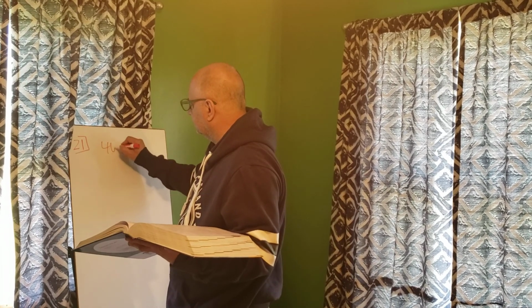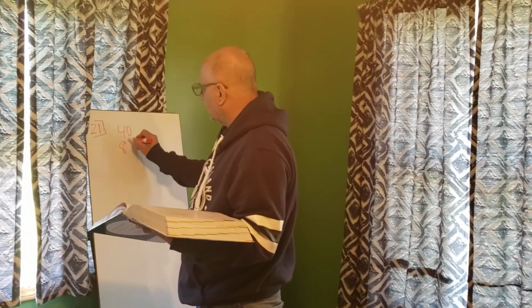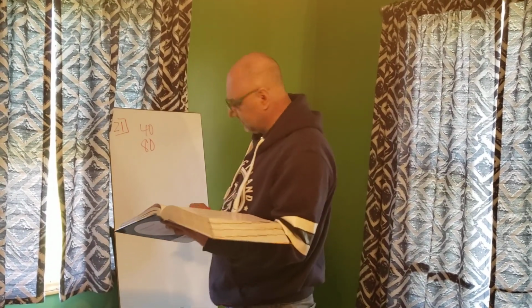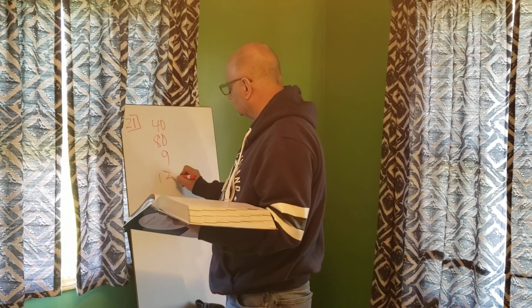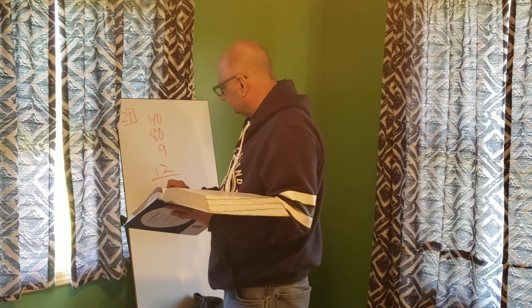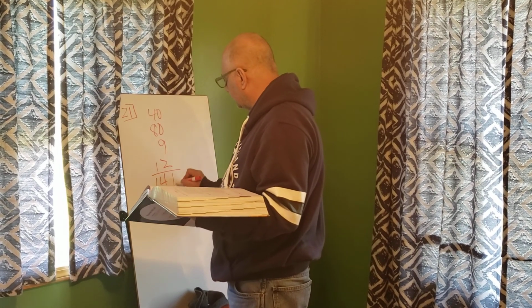We have $40 for direct materials, $80 for direct labor, $9 for variable overhead, and $12 for sales commissions. That totals $141.